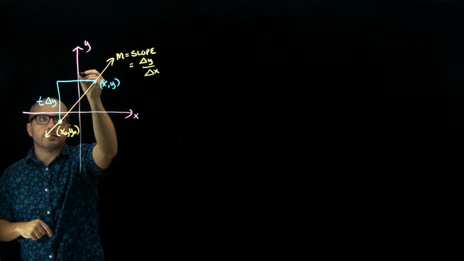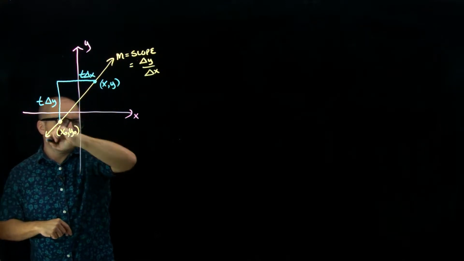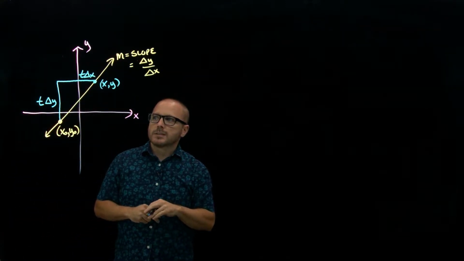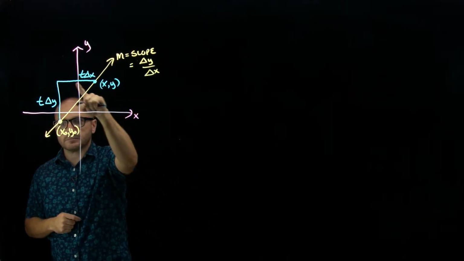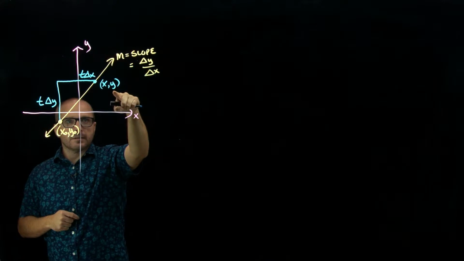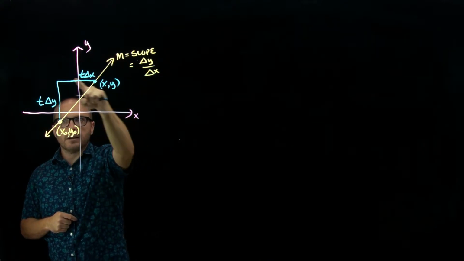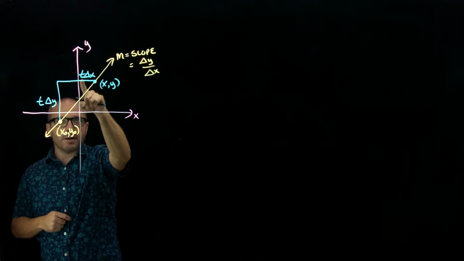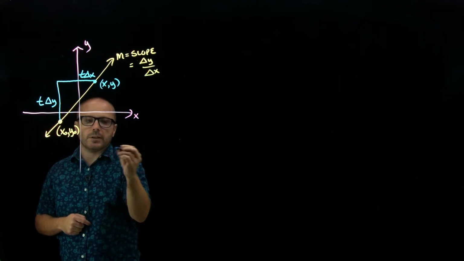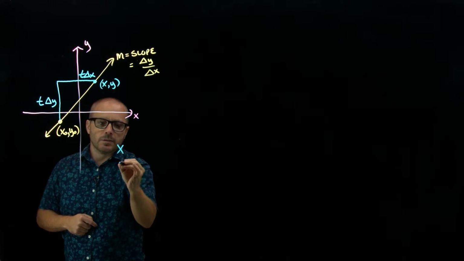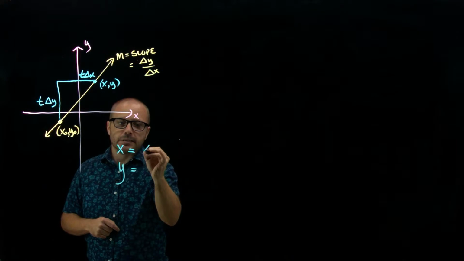So I'm going to call it t delta x, that quantity and that quantity. So what does that mean? To go from my known point to any other point, I am just adding some multiple of delta x to the x and some multiple of delta y to the y.